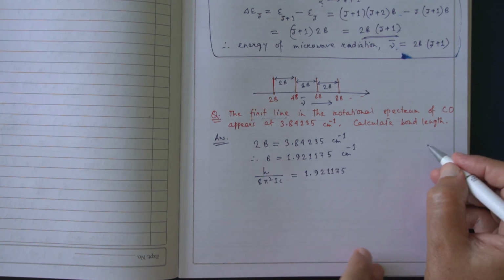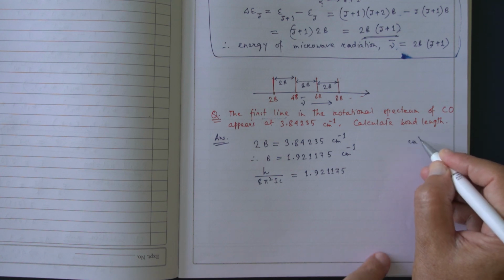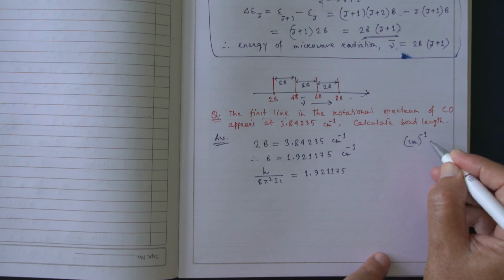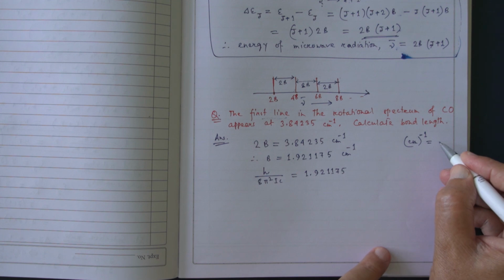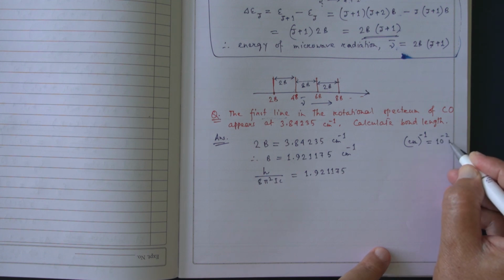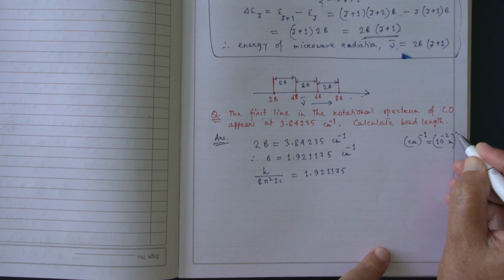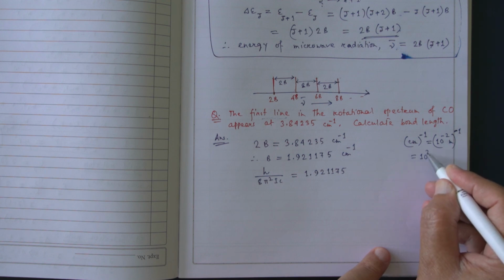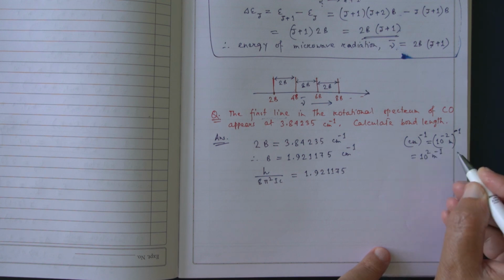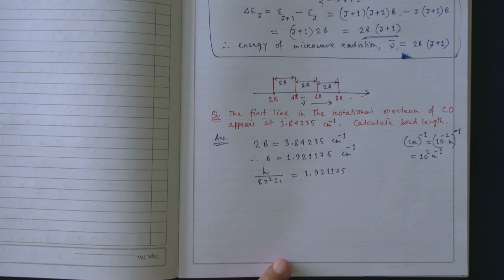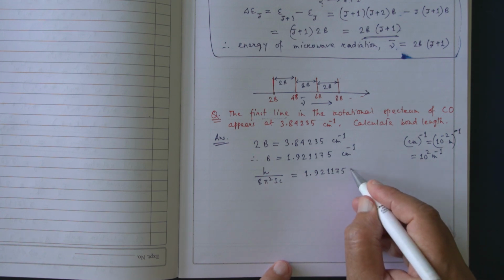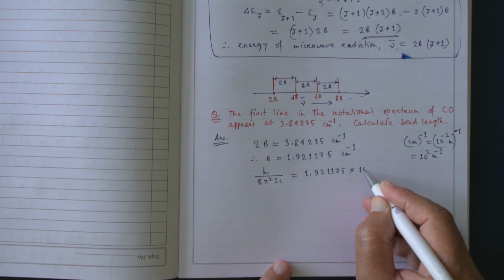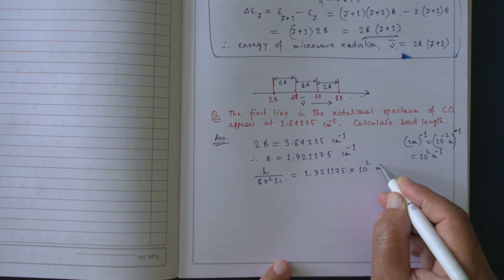Now centimeter inverse is equal to 10 to the power minus 2 meter inverse, that is, 10 square meter inverse.